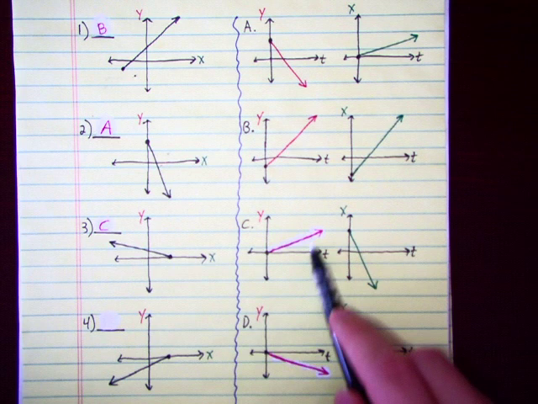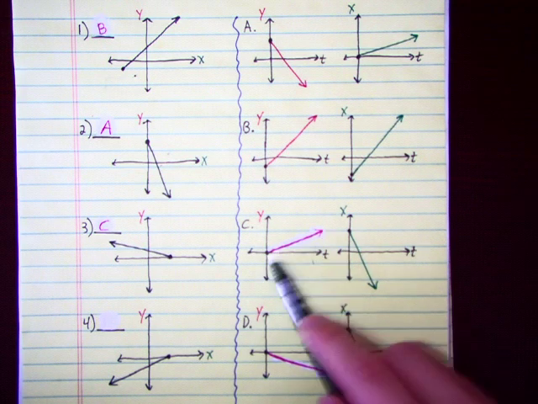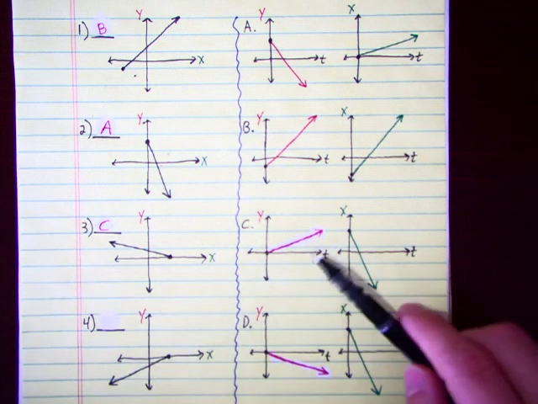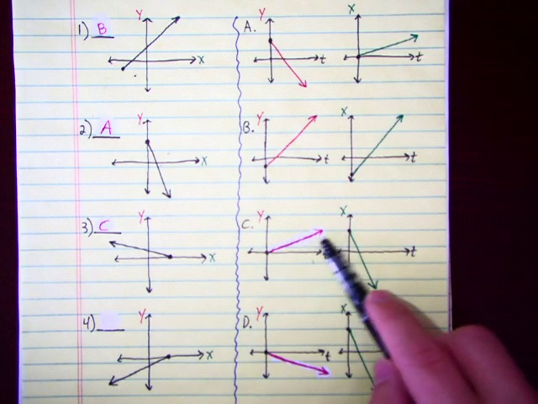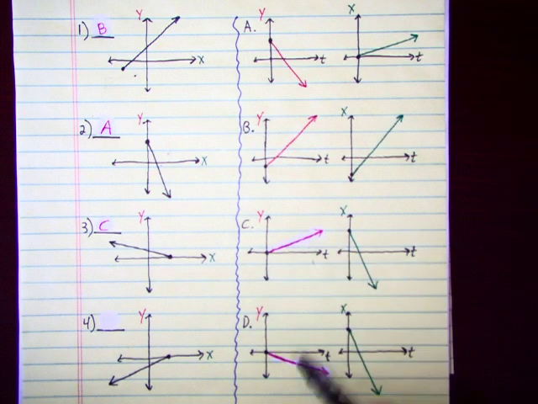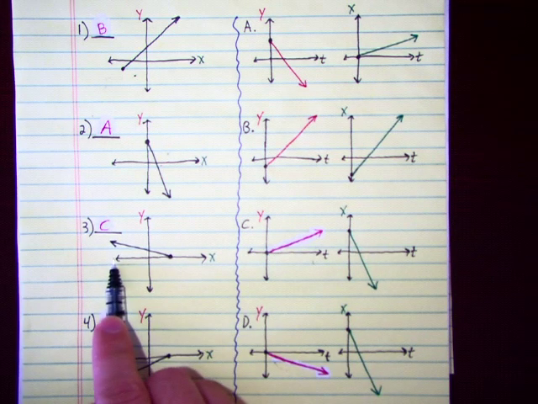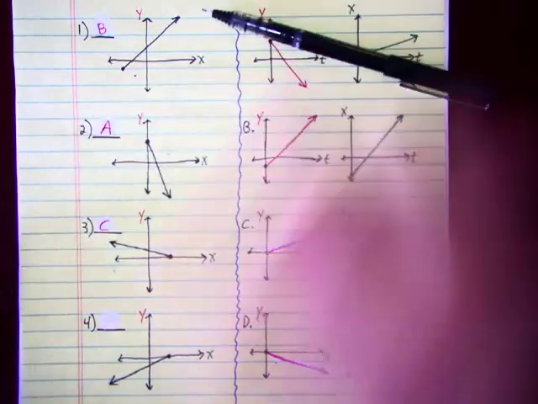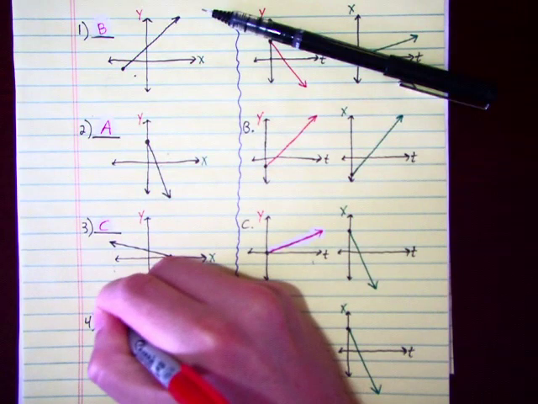This Vy, the slope here, is the opposite of this Vy, the slope here. Here our Vy is small and positive. Here our Vy is small and negative. So that's graph 2.